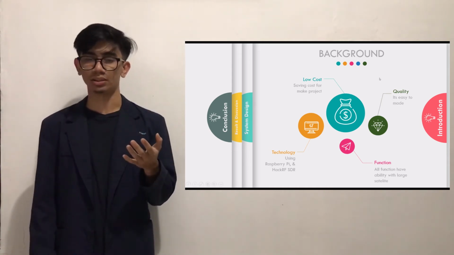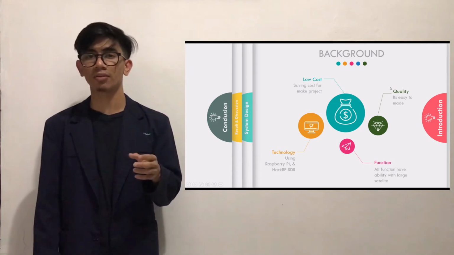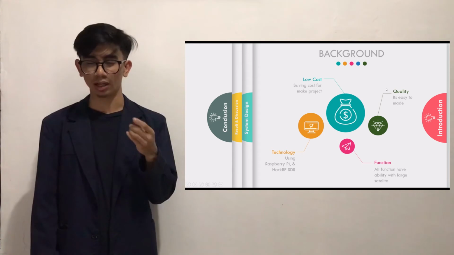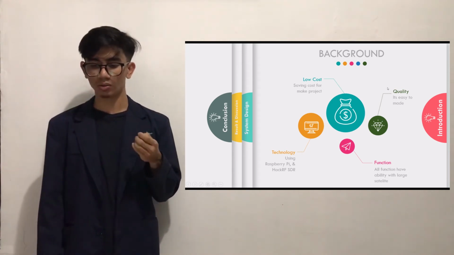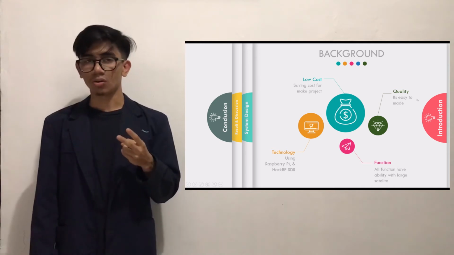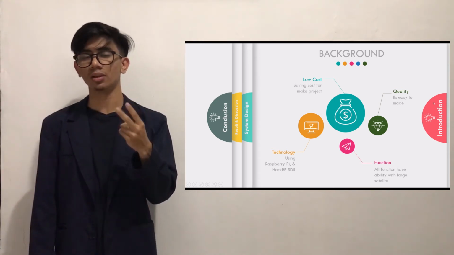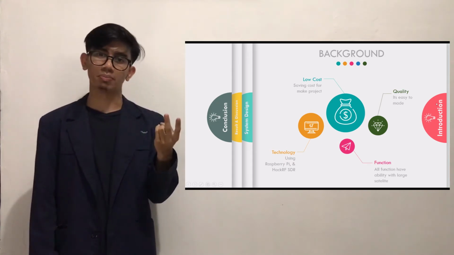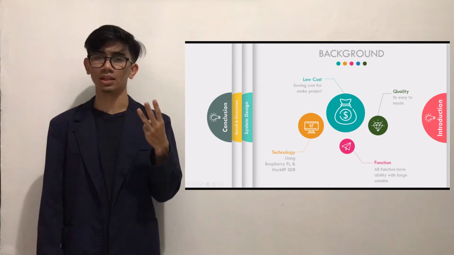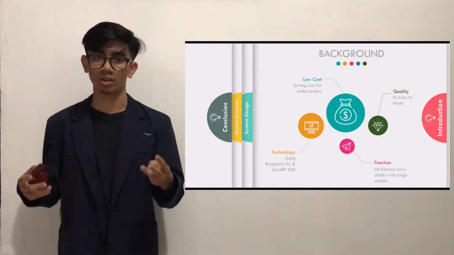Here we can see the technology: we have a Raspberry Pi as the microprocessor and GNU Radio for the transmitter. The reason number two is low cost, because we have cheaper components. Number three is quality, because it's easier to make, so we can control the quality.